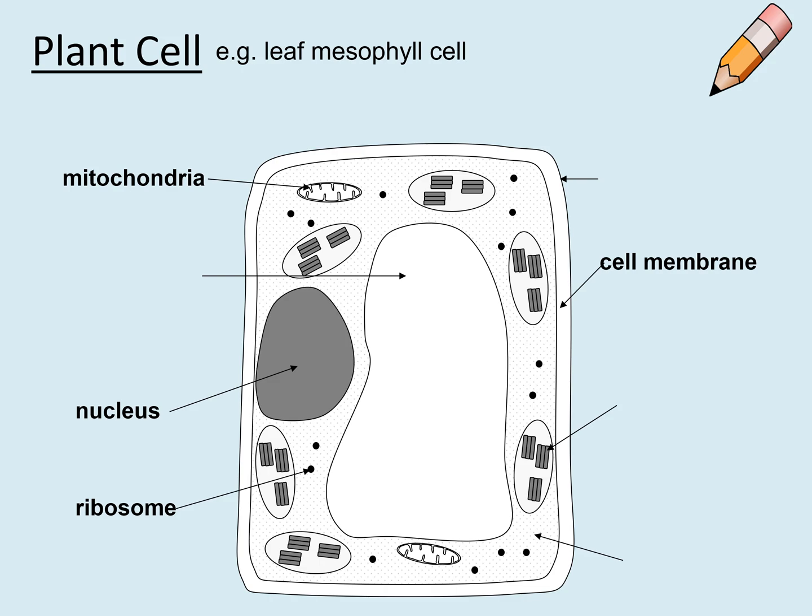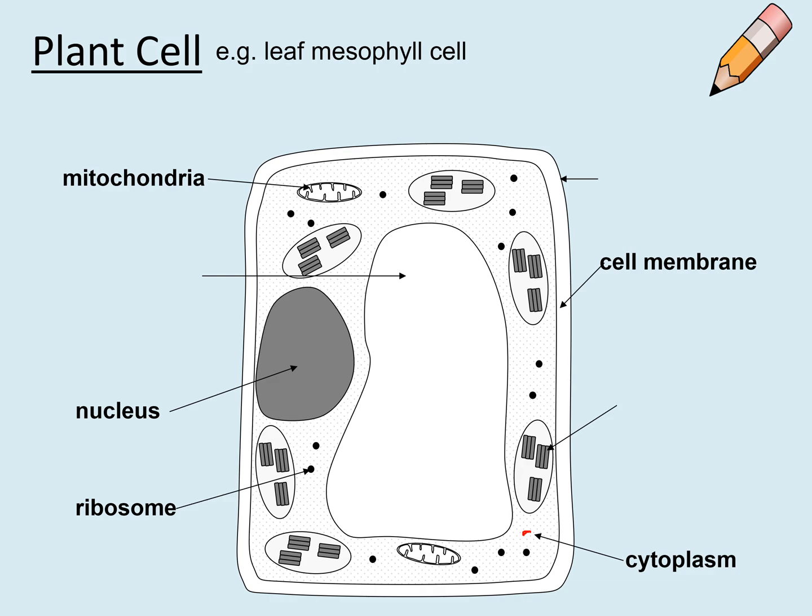So now we're going to look at the part here, which is basically all of the bit that's got the little faded grey bit. That is called the cytoplasm, and the cytoplasm is basically the jelly that holds all of the ultrastructures of the cell, and it is the site of chemical reactions.